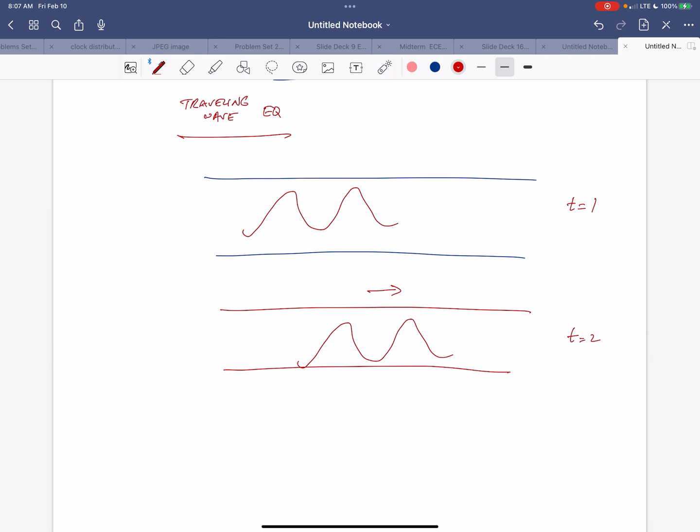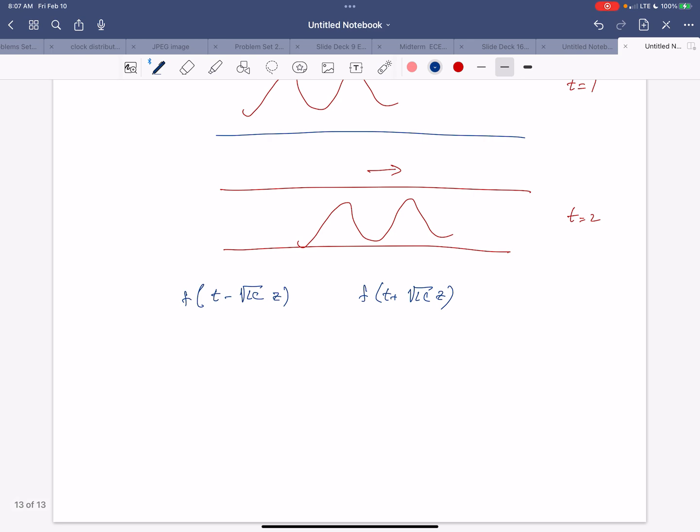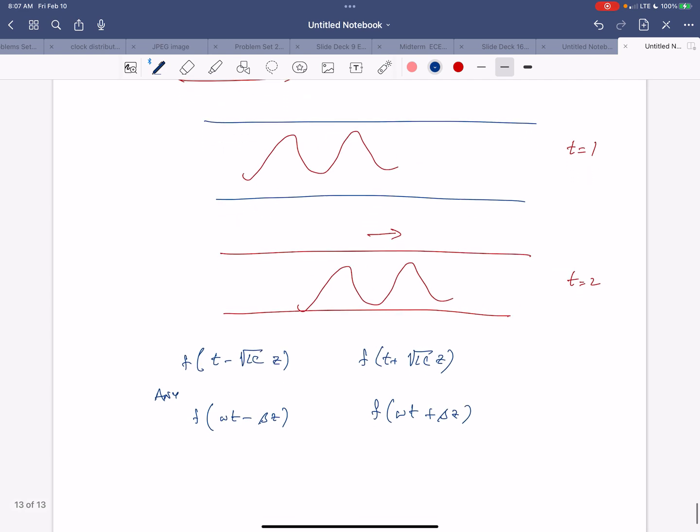Okay, and that any form of some function being a function of t minus square root of LC z, or f of t plus square root of LC z, really any function, let me be more general, where you'd have a constant, like omega t minus beta z or omega t plus beta z, would satisfy this traveling thing.